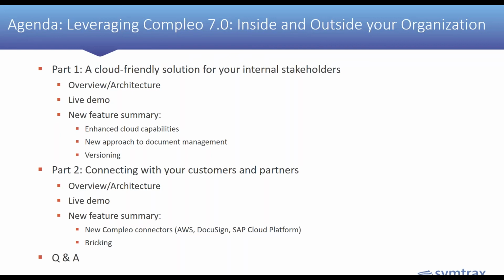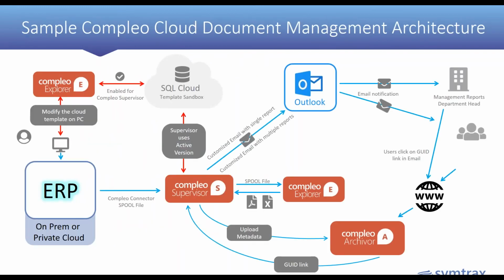We have connectors to AWS, DocuSign, SAP Cloud Platform, among others. We're going to use a couple of those in the demo and talk through all of that at the end. And we're going to show one more feature called bricking, which is a useful feature to group information together for reuse elsewhere. And then, time allowing and your attention permitting, we'll get through some questions and answers at the end.